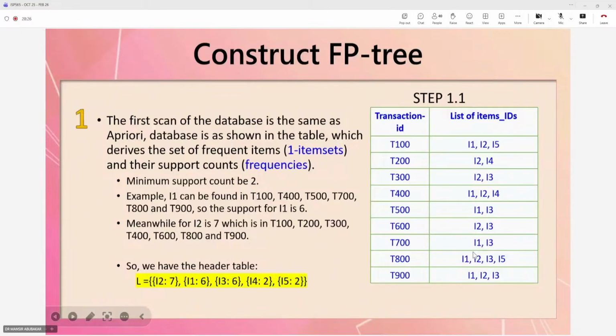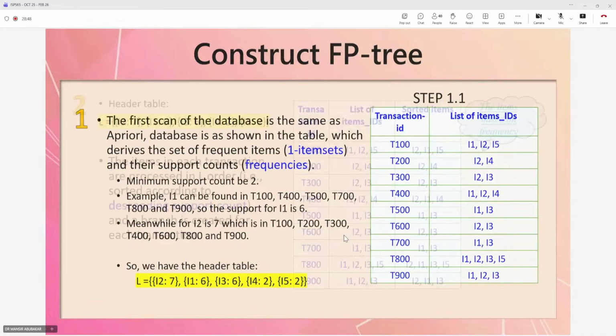I4 has to precede I5 because it came before I5. So all of these items, we have item I1 to item I5, and all of their counts have been extracted here. So this is how the tree has started. This is the header of the tree now.